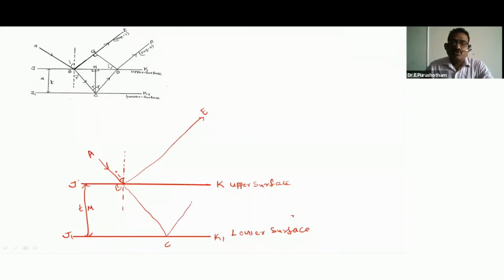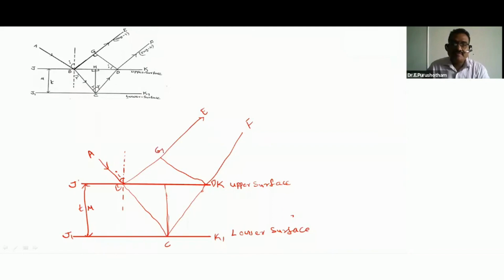It also emerges out as F. So it is incident on D. We can also prepare another triangle. This is one triangle, and here also we can prepare, in air, another triangle. So this is B, C, D, E, F.